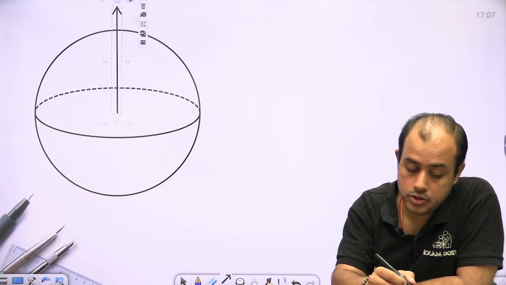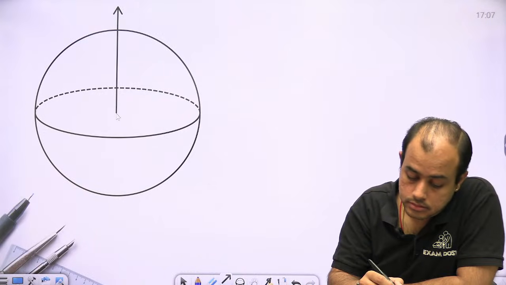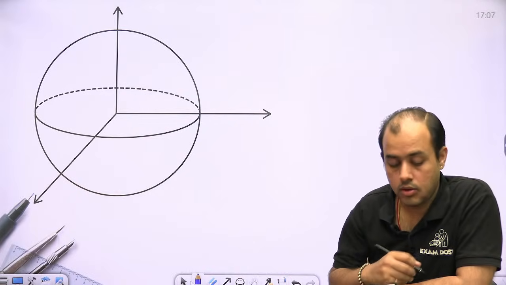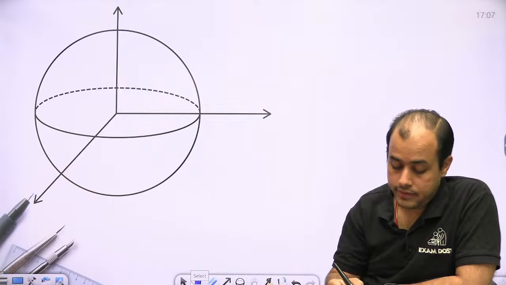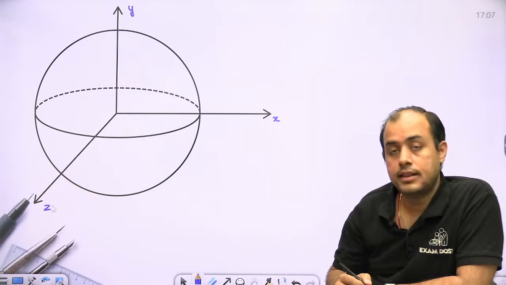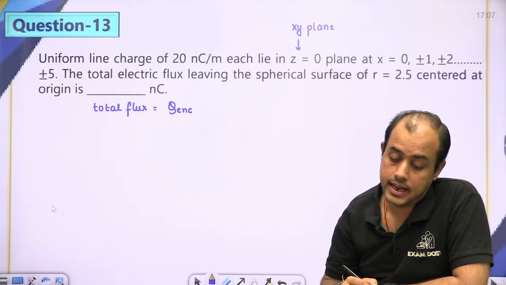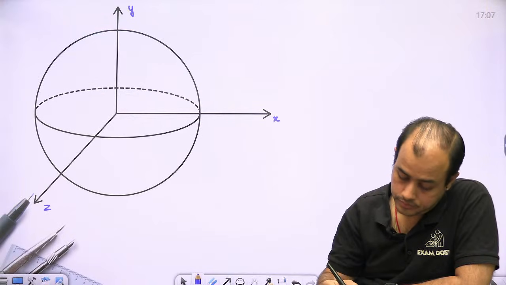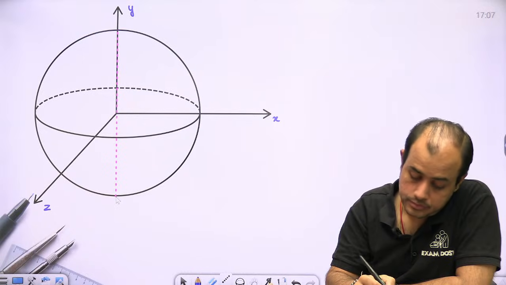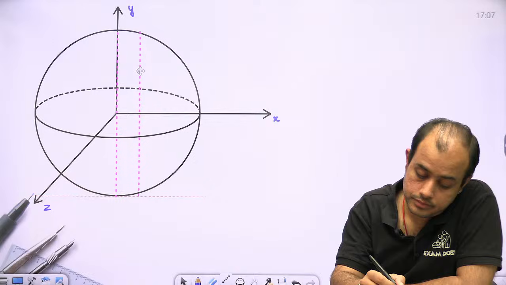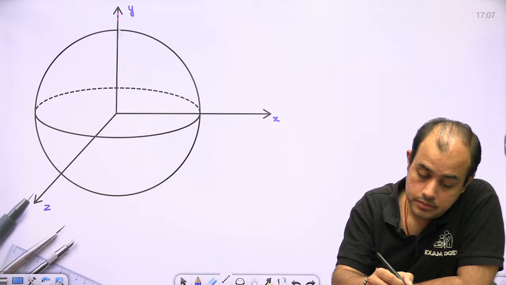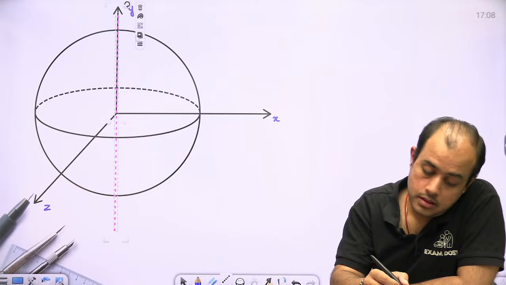Let me take a sphere, children. Okay, this is my sphere. Now what I will do is, I will choose this axis as X, Y. Now charges are lying in the XY plane at X equal to 0, 1, 2. X equal to 0 means along the Y axis. Okay.